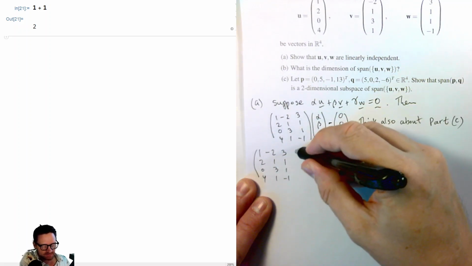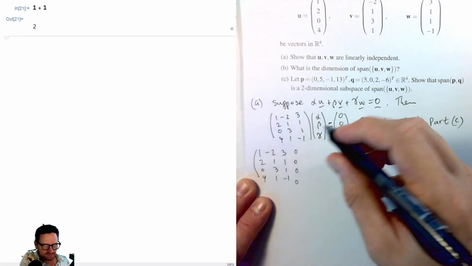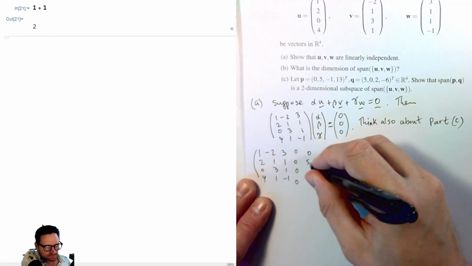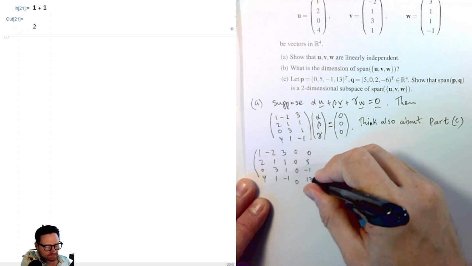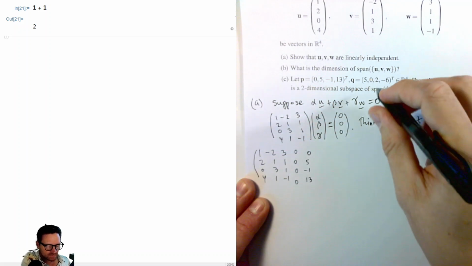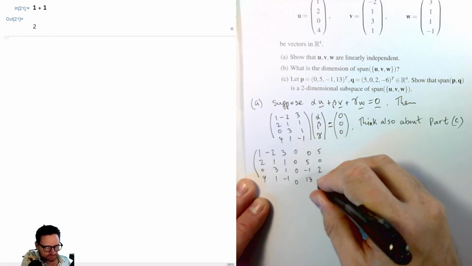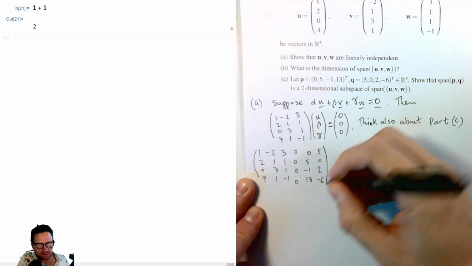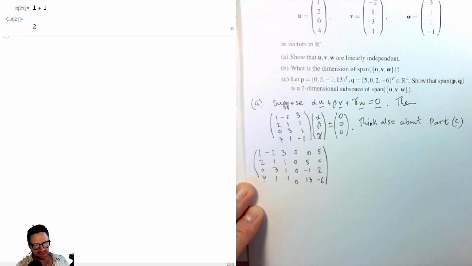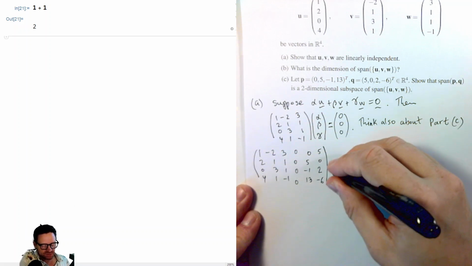Then we'll put these two columns. And so what we're doing in adding these extra columns is we are looking at three separate systems of equations, and we can solve them all with the same row reduction. Okay, so let's get busy to row reduce this.